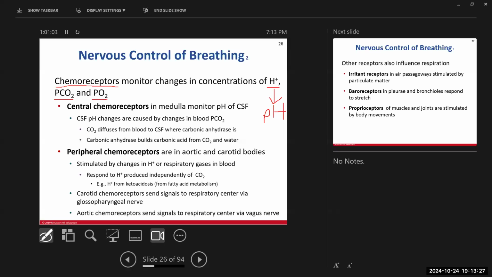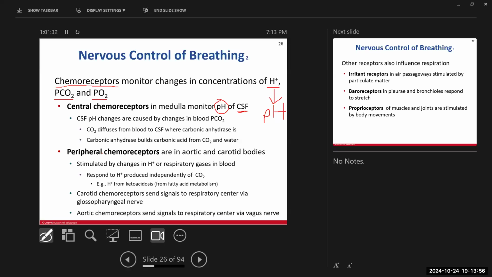So we have two types of chemoreceptors, and they're aptly named. The central chemoreceptors are located in the central nervous system. And so what kind of fluid is in the central nervous system? Cerebral spinal fluid. So those central chemoreceptors are going to be monitoring primarily the pH of your cerebral spinal fluid there.